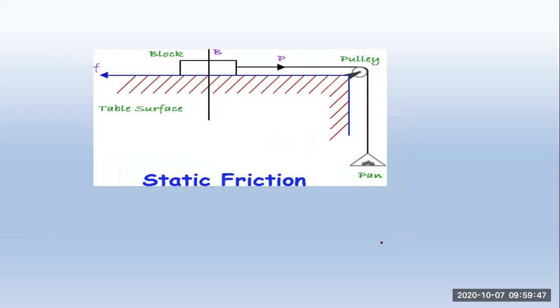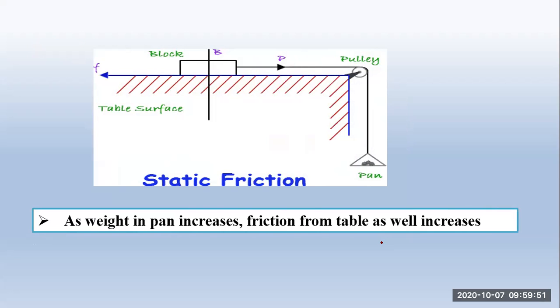Now we can study the static friction. See, if we have an object here, a string is tied here, and we have a pan here. As we increase the weight in the pan, the tension will increase, and as tension increases, the block will try to move, but the friction will keep this object at rest.